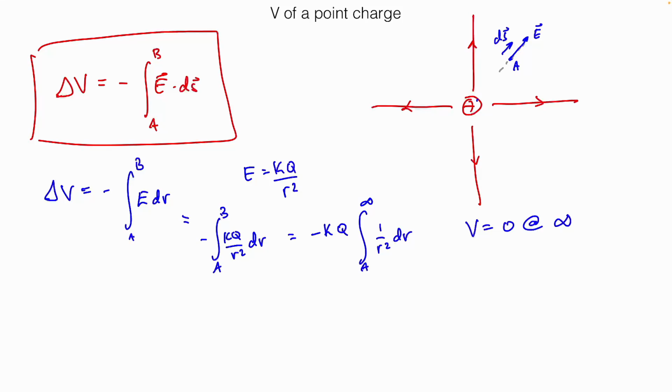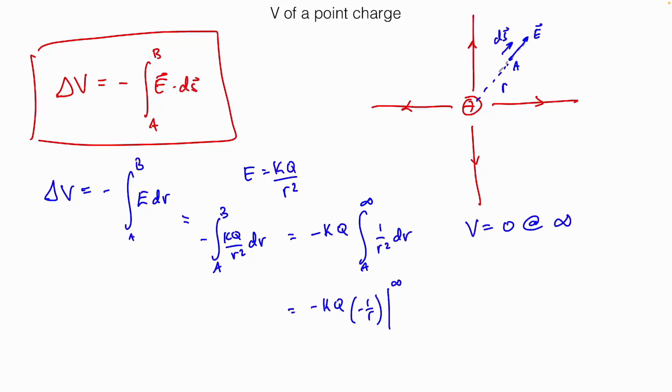Point A is at a distance r from my point charge. And so I go and do this integration here. What's the integral of 1 over r squared? It's negative 1 over r, isn't it? I was a little worried there because natural logs were starting to crop up in my brain, and I was like, no, not natural logs.